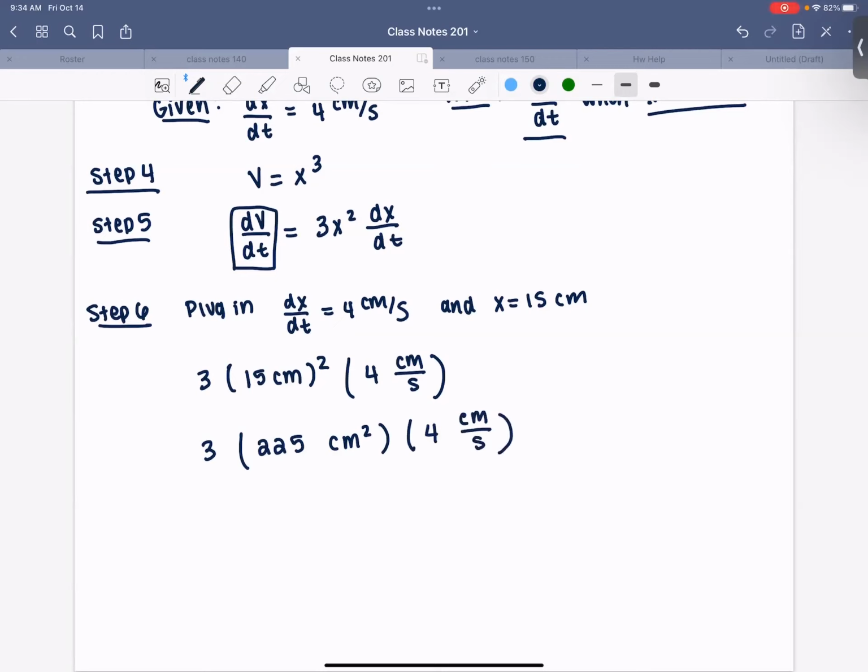Multiplying everything together, I got 2,700. Okay, what are my units going to be? Centimeters cubed per second. Just treat the units like variables and you'll get what you want. And that's my final answer. So it looks like the volume of the cube is increasing at a rate of 2,700 centimeters cubed per second.